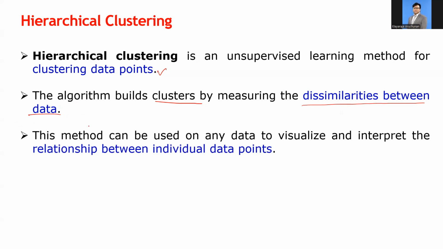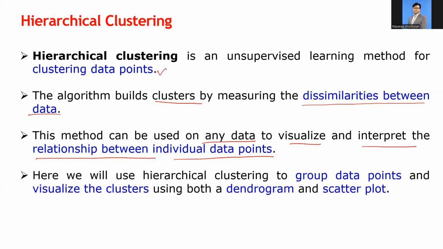This method can be used on any data set in order to visualize and interpret the relationship between individual data points. Basically, when we plot the data set in coordinate form, like in a graph, we'll be able to see the relationship or correlation between X and Y, and how strong, how weak, or whether there is no relationship between these data points.